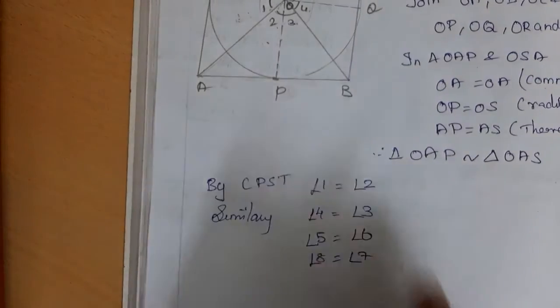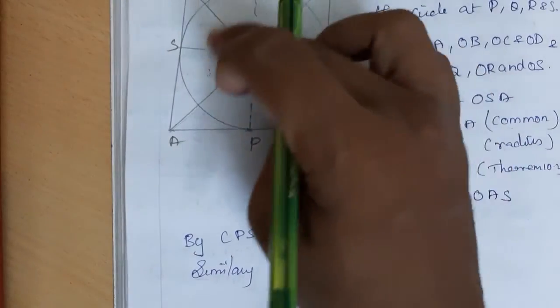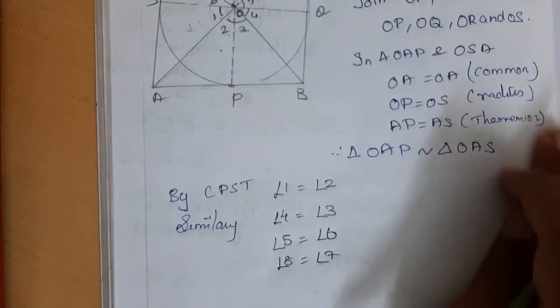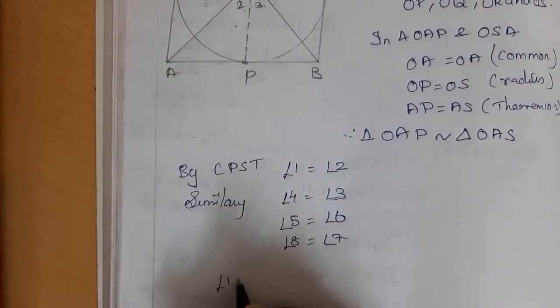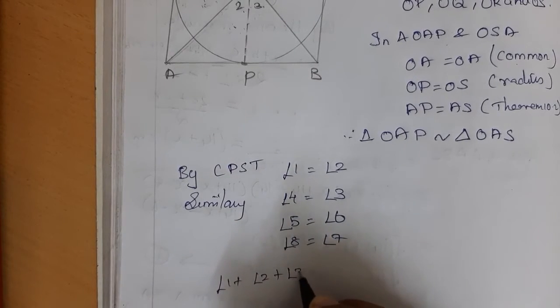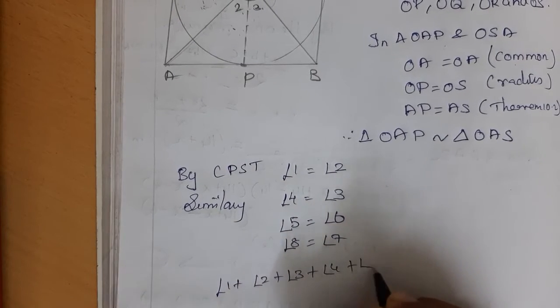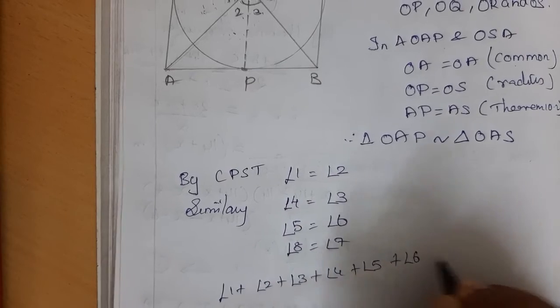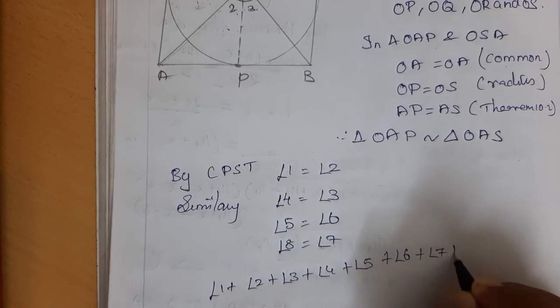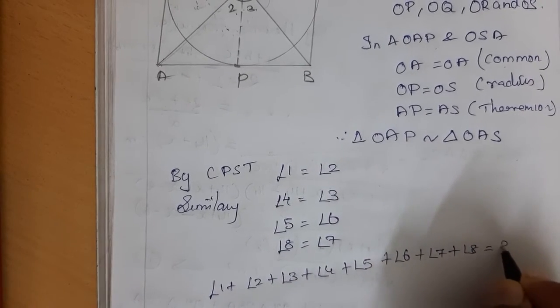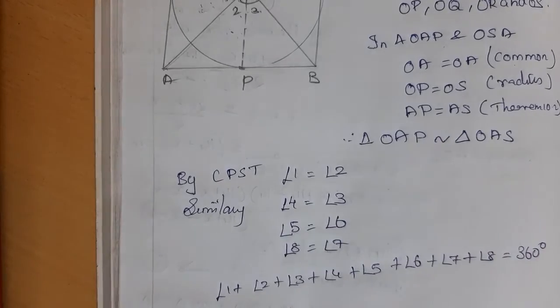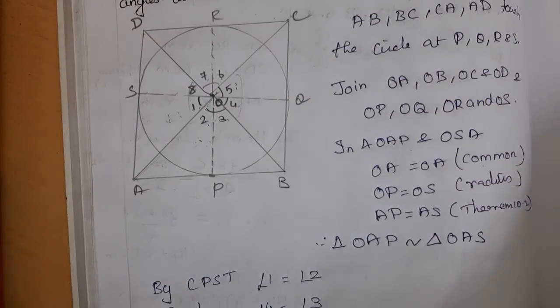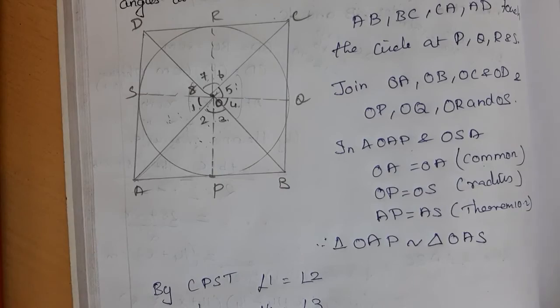So what is the central angle? Its total angle will be 360, right? One complete revolution. So angle 1 plus angle 2 plus angle 3 plus angle 4 plus angle 5 plus angle 6 plus angle 7 plus angle 8 is equal to 360 degrees. So the 4 angles we need, we will keep as they are, and the rest we will be changing.